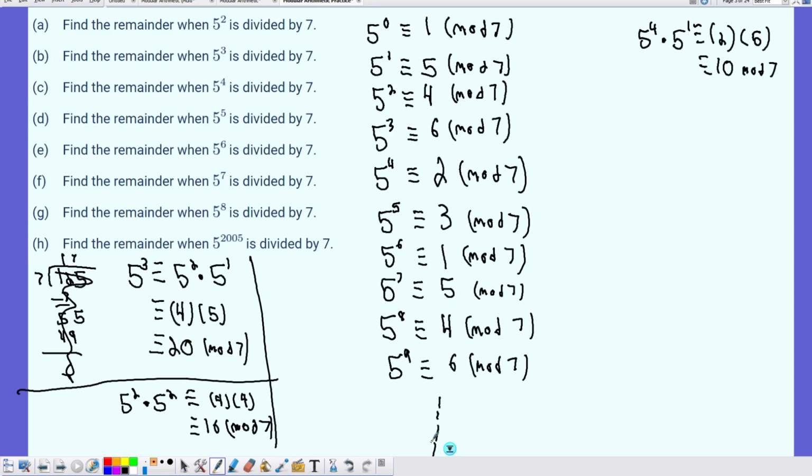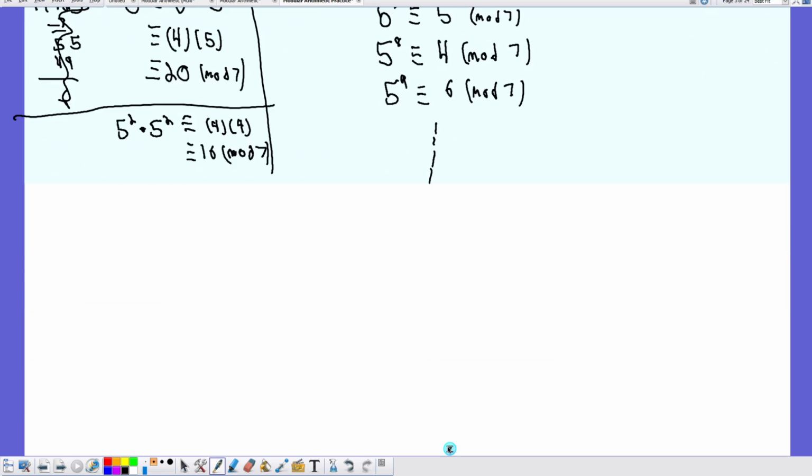All the answers are repeating. And we can also just break down these exponents into combinations that will make the results pretty easy to find. So let's think about what's going on.